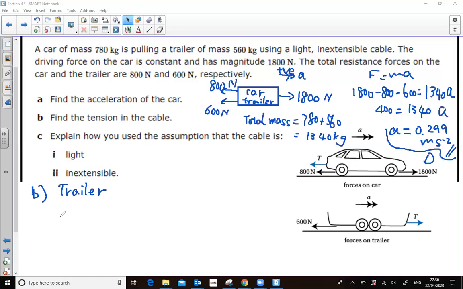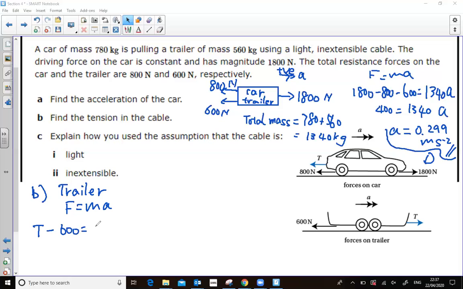Right, so on the trailer, we're going to consider F equals ma. And the force, well, because the trailer is going to the right-hand side and tension is going in the same direction, tension is actually positive in this case. And the 600 Newton would be negative.